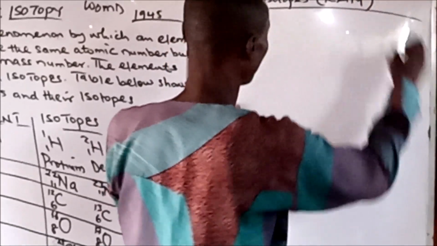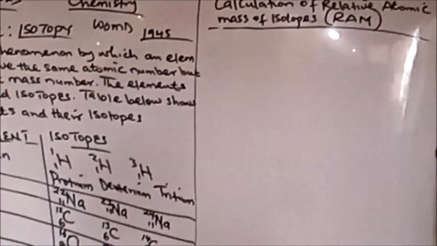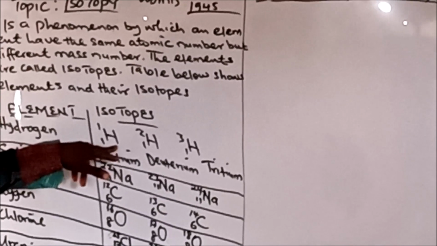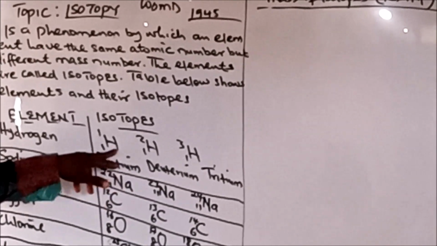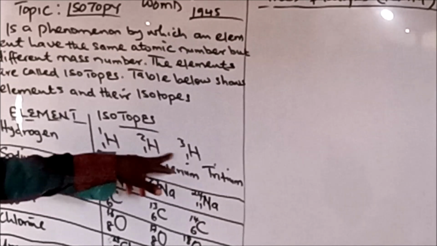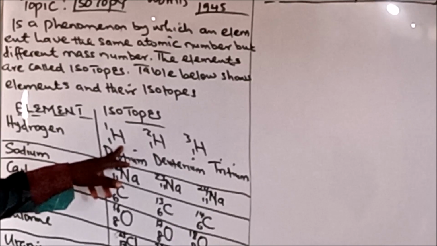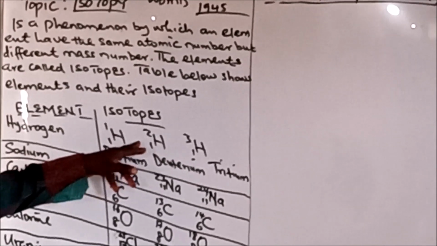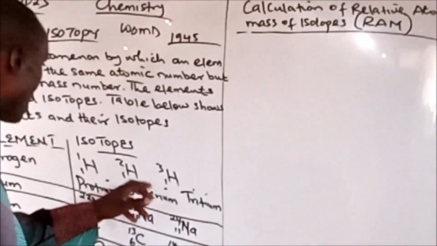Relative atomic mass. Why am I not taking this? Because this one is naturally occurring hydrogen. Sometimes this one is included, but this one is naturally occurring hydrogen. But this is isotopic hydrogen. So let's calculate the RAM of this and this.